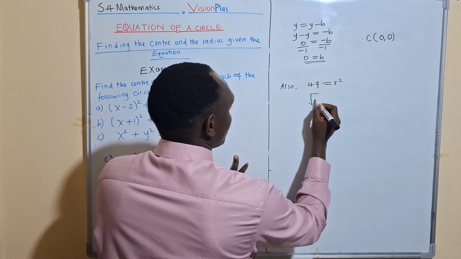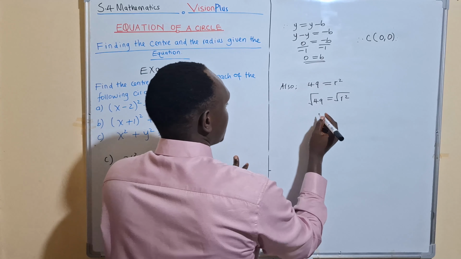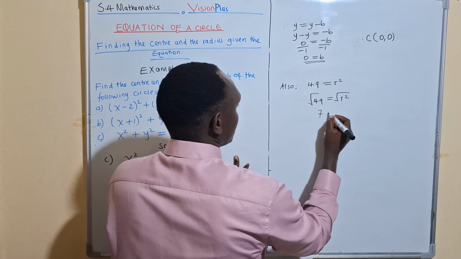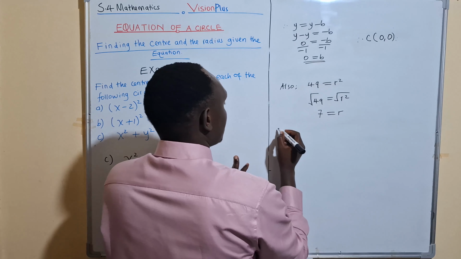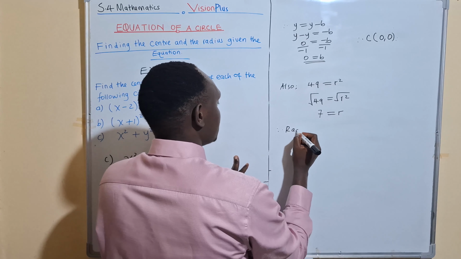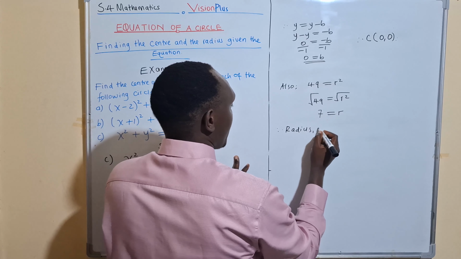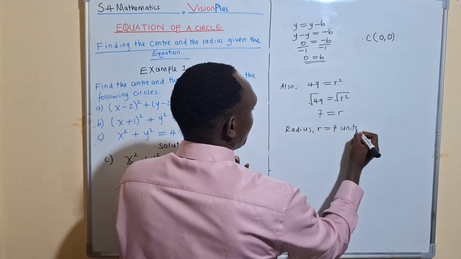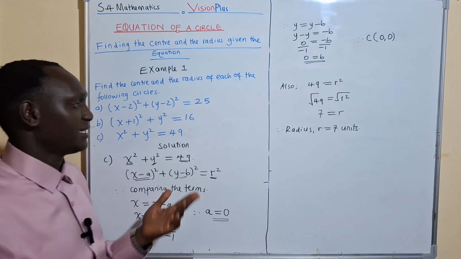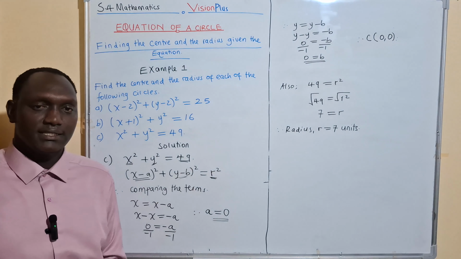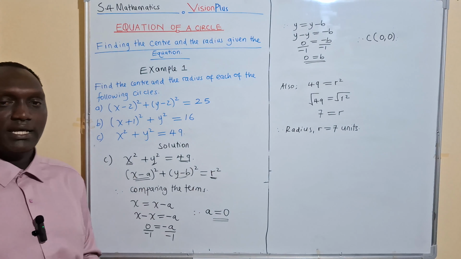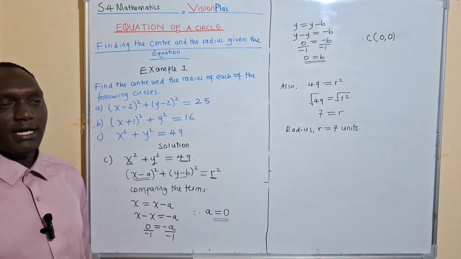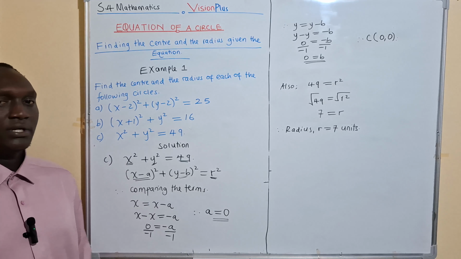What is the square root of 49? It is simply 7, equals r. Therefore, the radius r is 7 units. So, that is the center and that is the radius of the equation given in part C. And this is the solution to example 1.